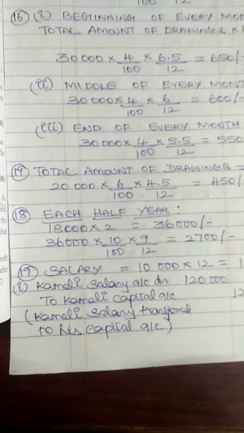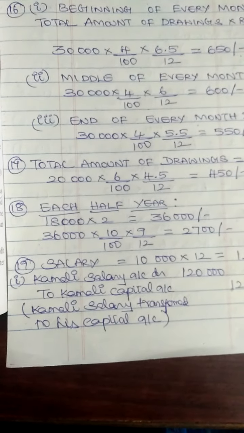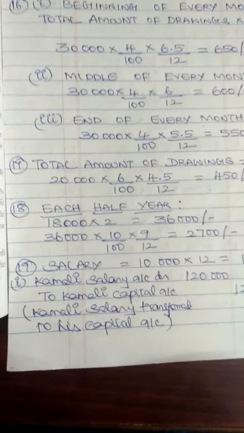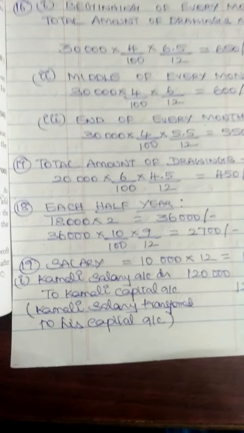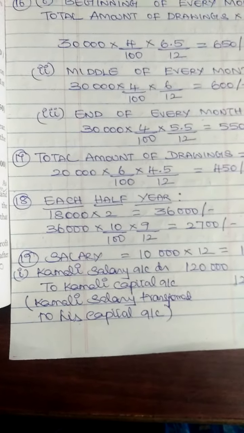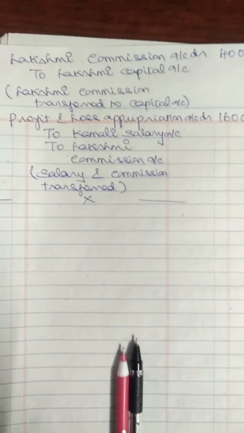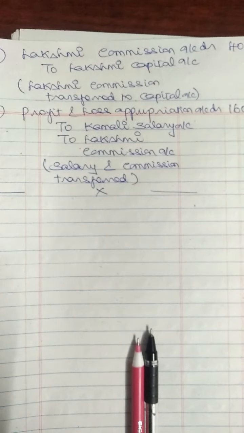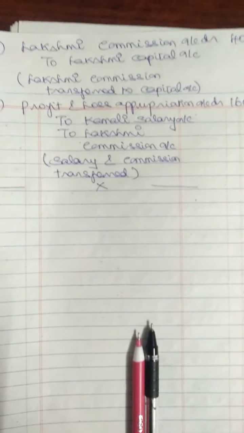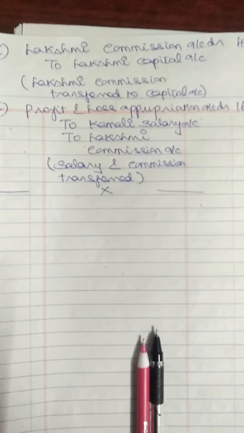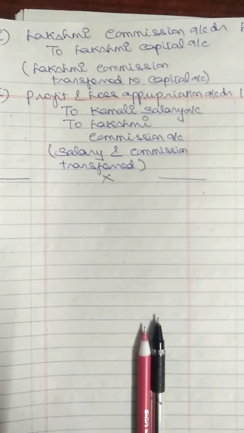Kamali salary account debit to Kamali capital account, 1,20,000. The narration is: Kamali salary transferred to capital account. Then the second entry: Lakshmi commission account debit to Lakshmi capital account, 40,000, which is the commission also mentioned in the question. Now the third entry is the transfer entry, transfer to profit and loss appropriation account.